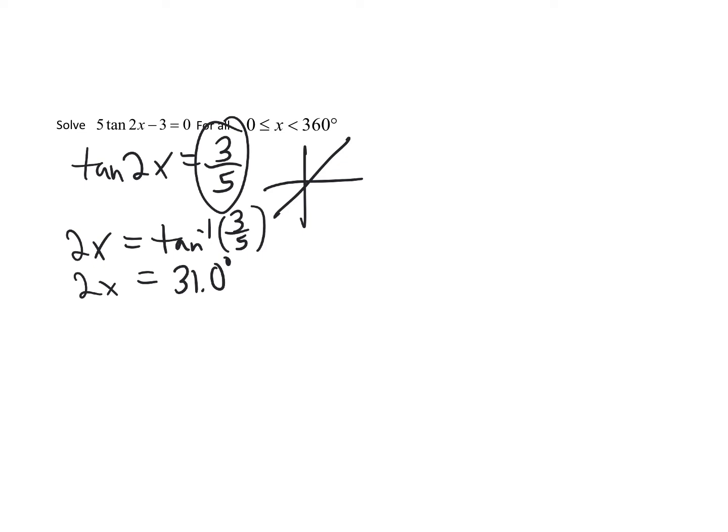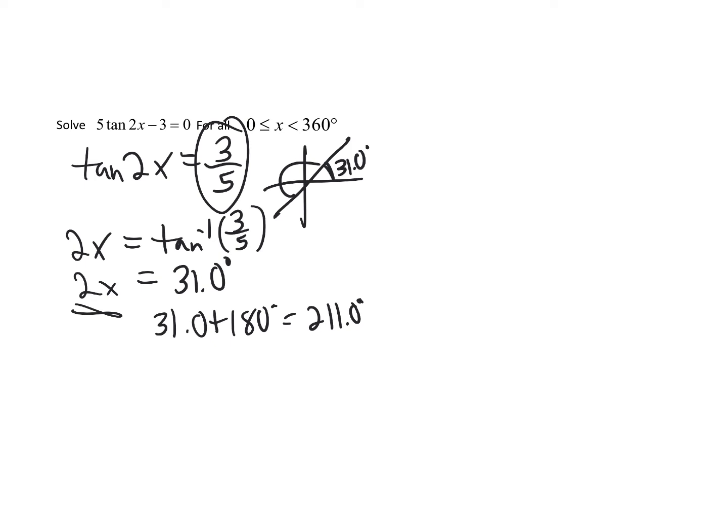Now, before dealing with the 2, we're going to look at this 31. So we know this is 31. Add 180, so 31 plus 180, so 211 degrees.